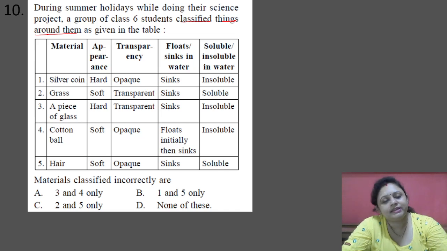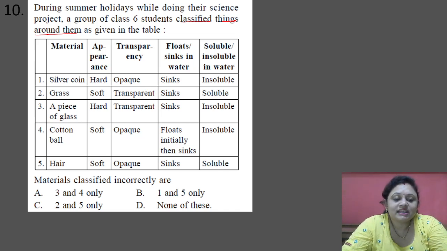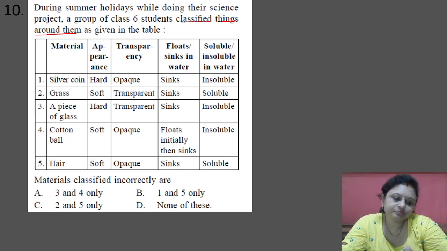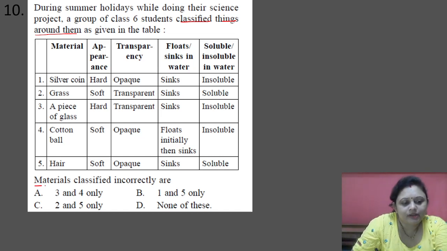The materials classified incorrectly are: option A, 3 and 4 only; B, 1 and 5 only; C, 2 and 5 only; D, none of these. So we have to find out which of the following materials are classified incorrectly.